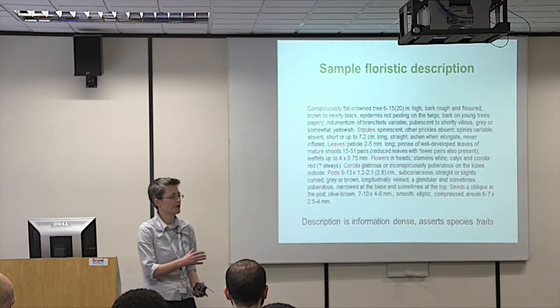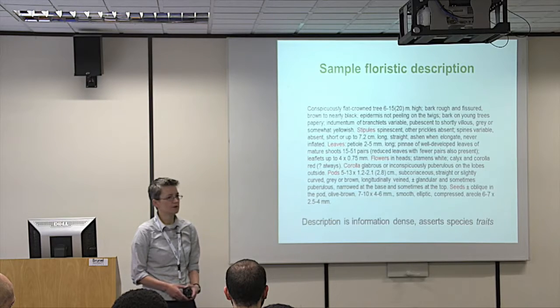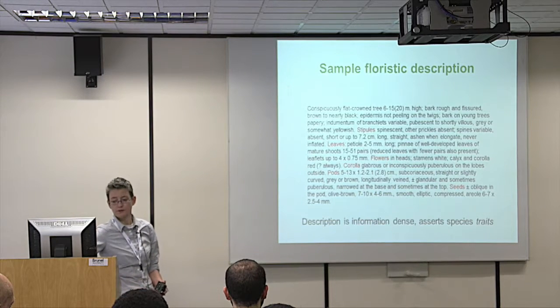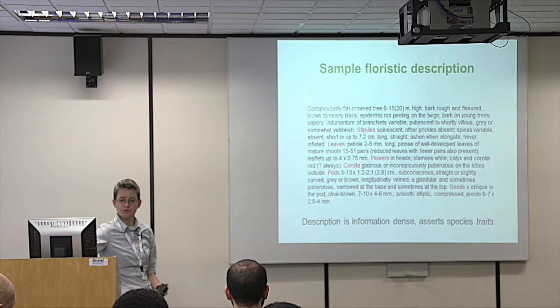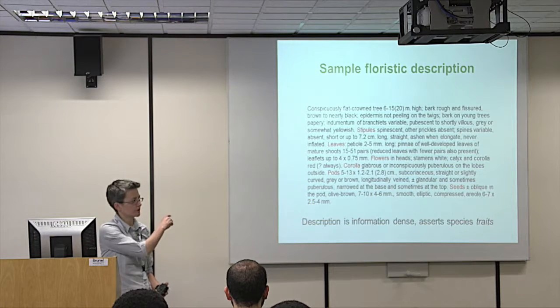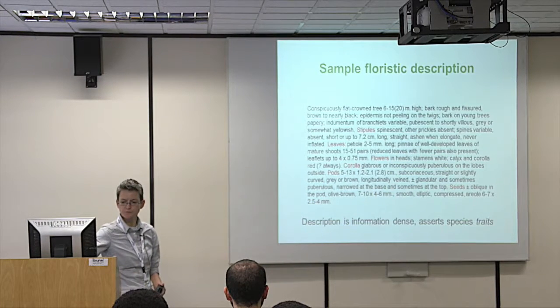If it reproduces very slowly, then there's a possibility that land use change and so on is going to affect that species much more than the one which is faster to reproduce. And we can derive those kind of things from these traits.